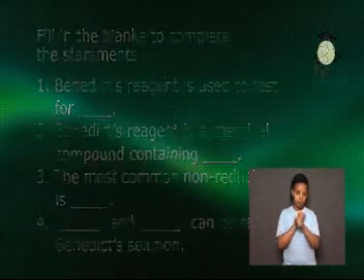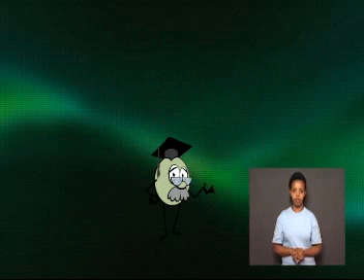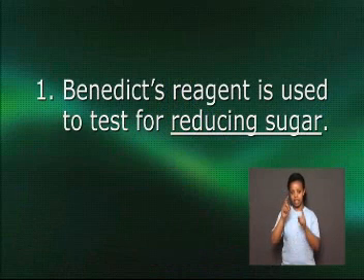Time's up. Let's get back to our lesson. Nice to see you again. How was that activity? The statements should read as follows. Benedict's reagent is used to test for reducing sugar.